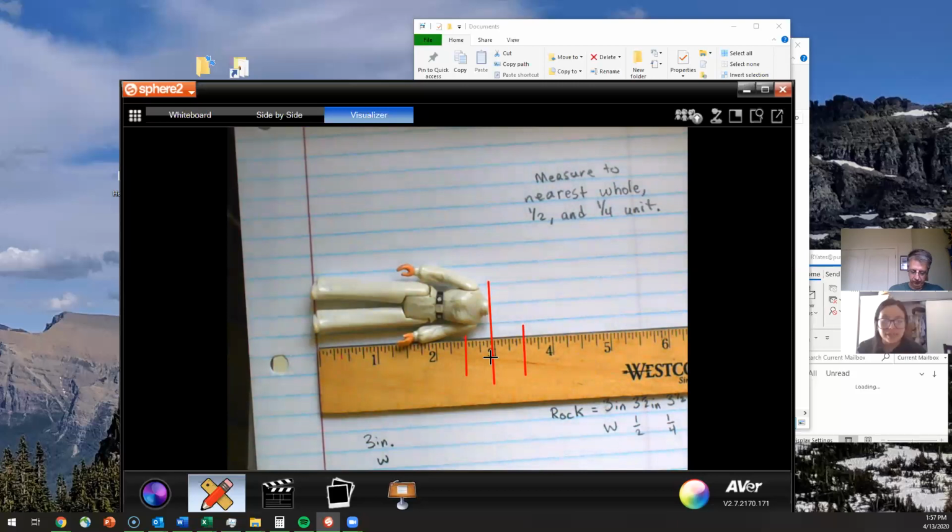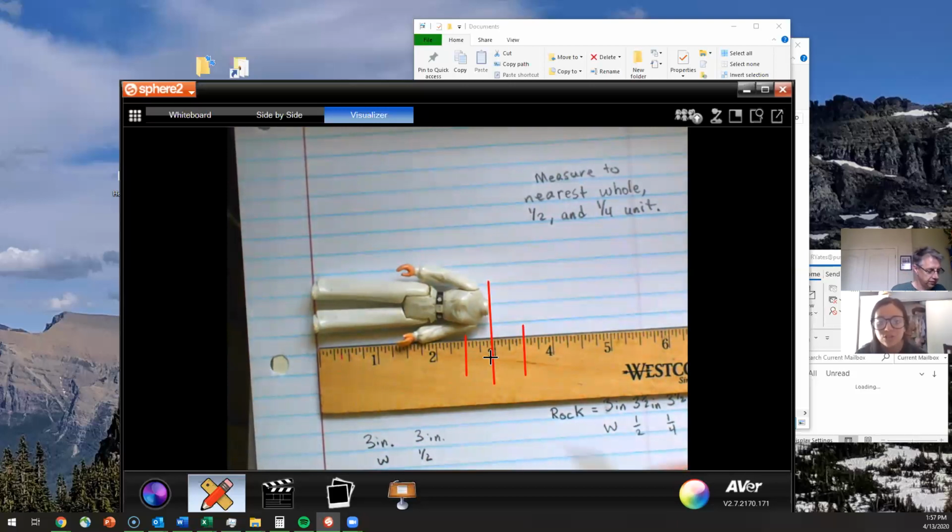So to me personally, it looks like it is closest to our 3 again, because our 2.5 is a little bit lower than her shoulders, and our 3.5 is just a little bit too far. It wouldn't be the most accurate. So I'm going to go ahead and say it's our 3 inches, and good job labeling that as inches.